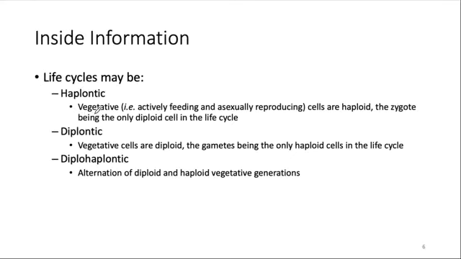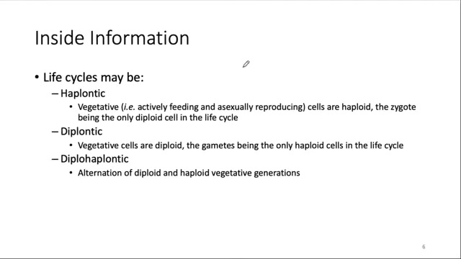So the definitions refer to the number of chromosomes in the vegetative stage. So haplontic will refer to vegetative cells that are haploid, and the zygote being the only diploid cell in the life cycle.